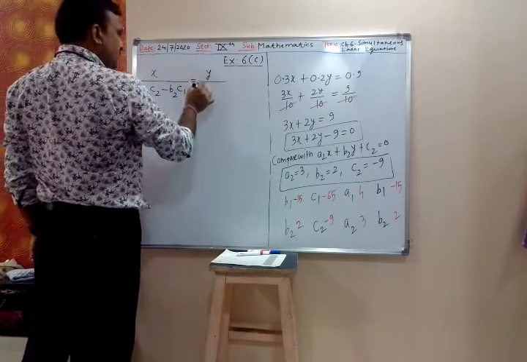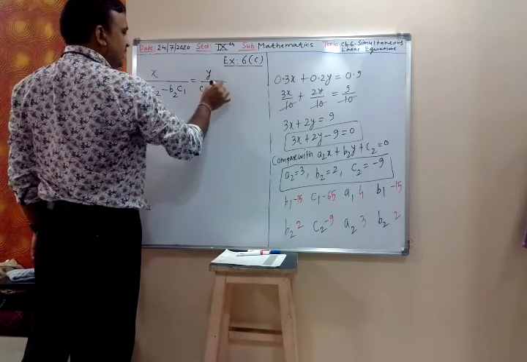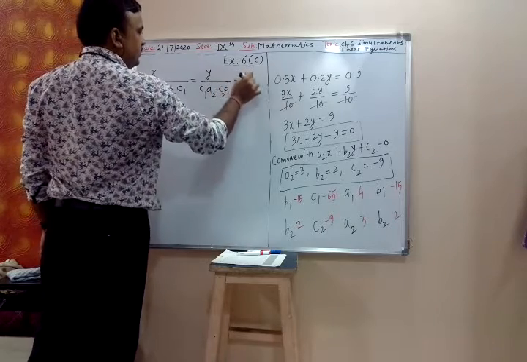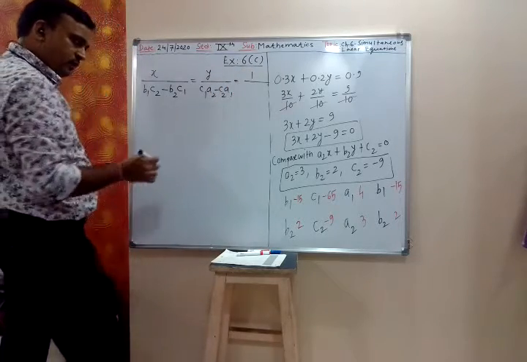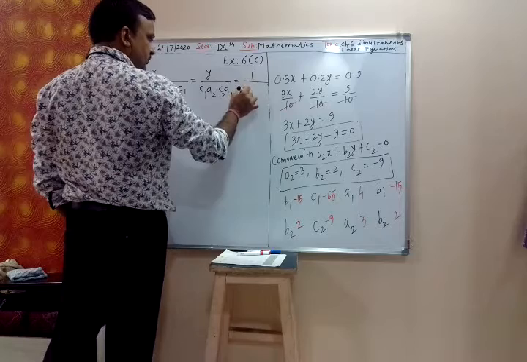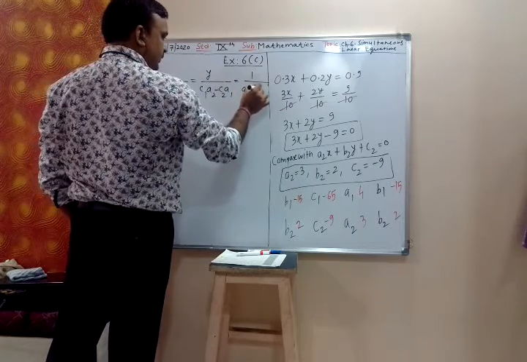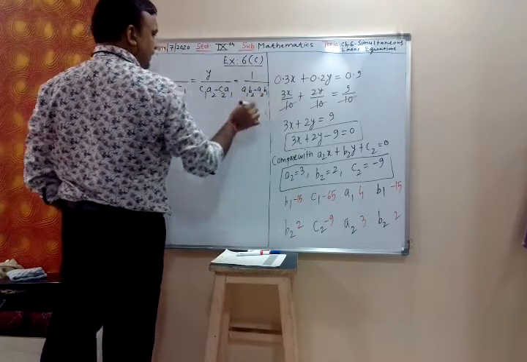c1 a2 minus c2 a1 is equal to 1 upon a1 b2 minus a2 b1. Now we substitute the value and simplify.